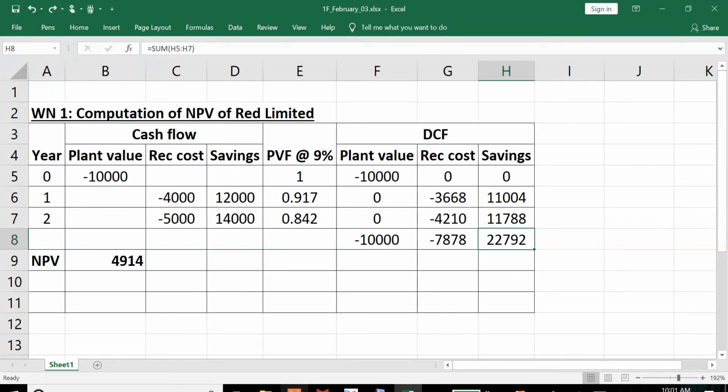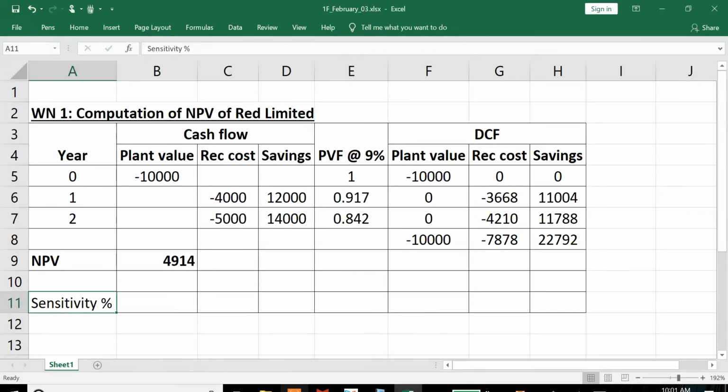Full stop. This will become 0 if initial outflow increases by 4914.